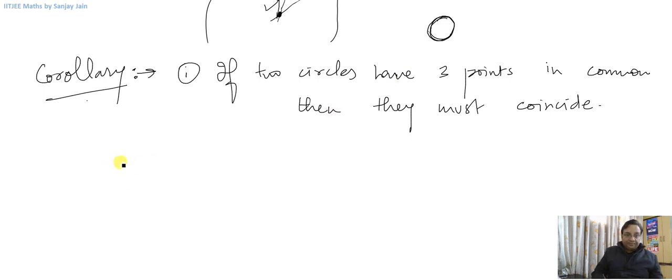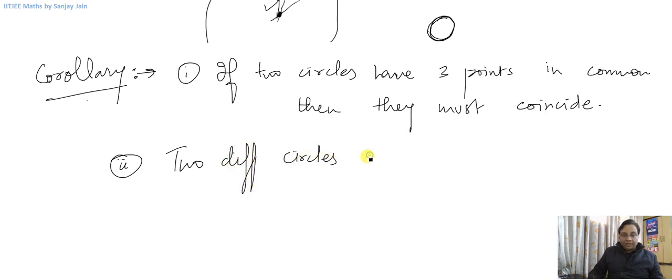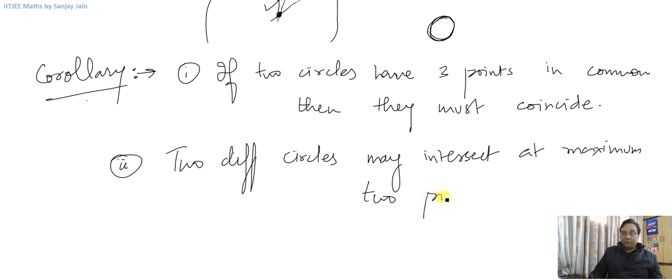Or in other words, you can say two different circles may intersect at maximum 2 points, right?